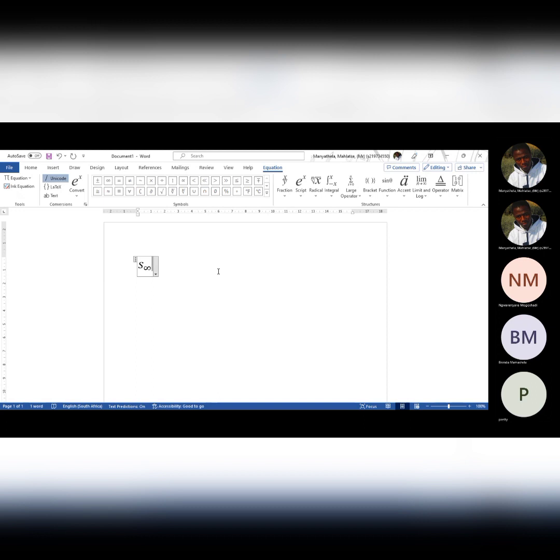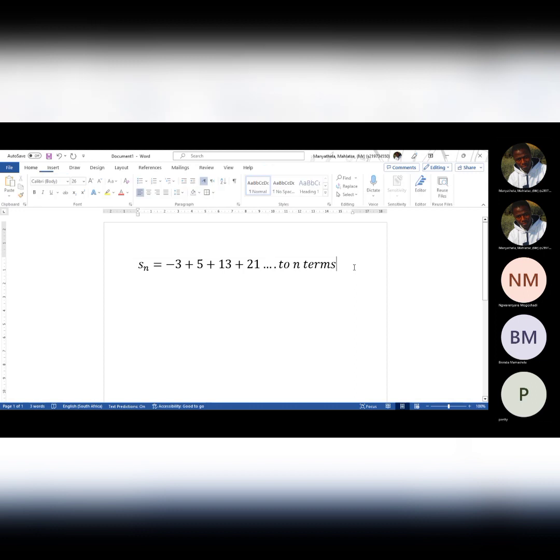Let's go to the next question. Sn equals minus 3 plus 5 plus 13 plus 21 to n terms.